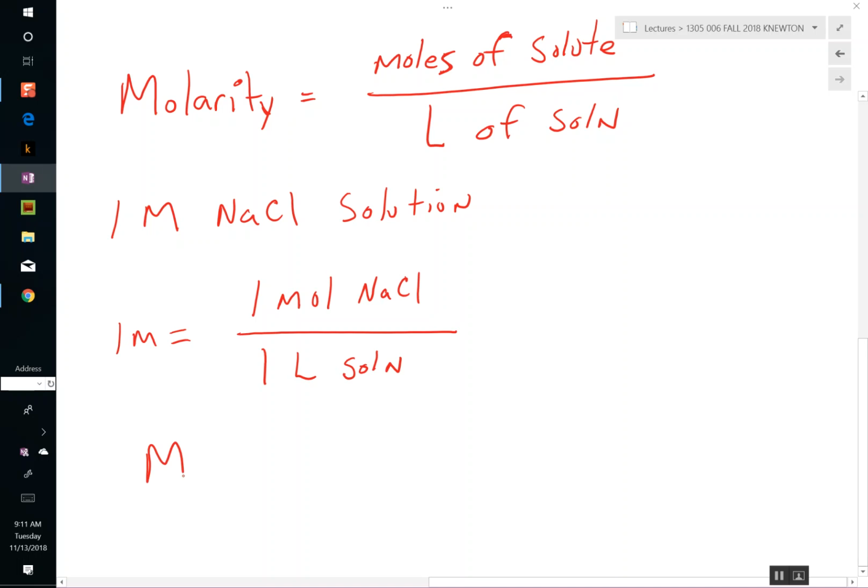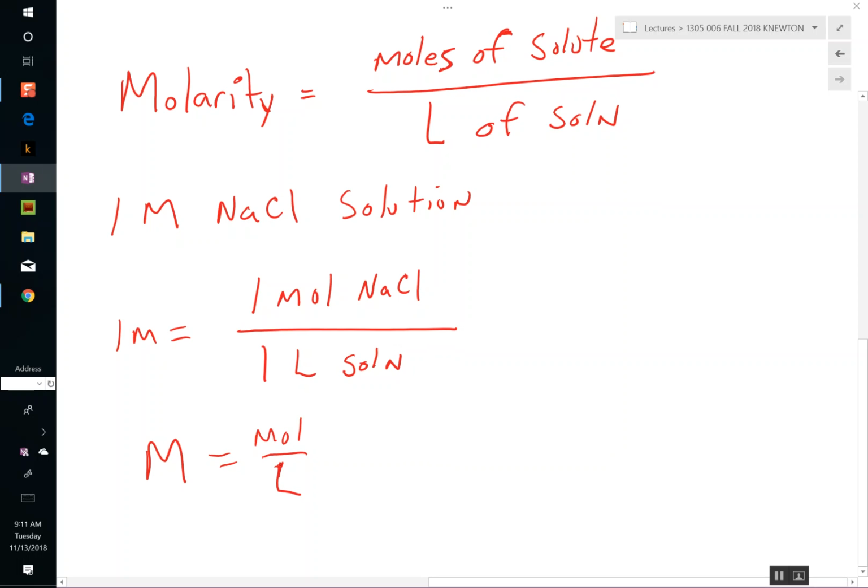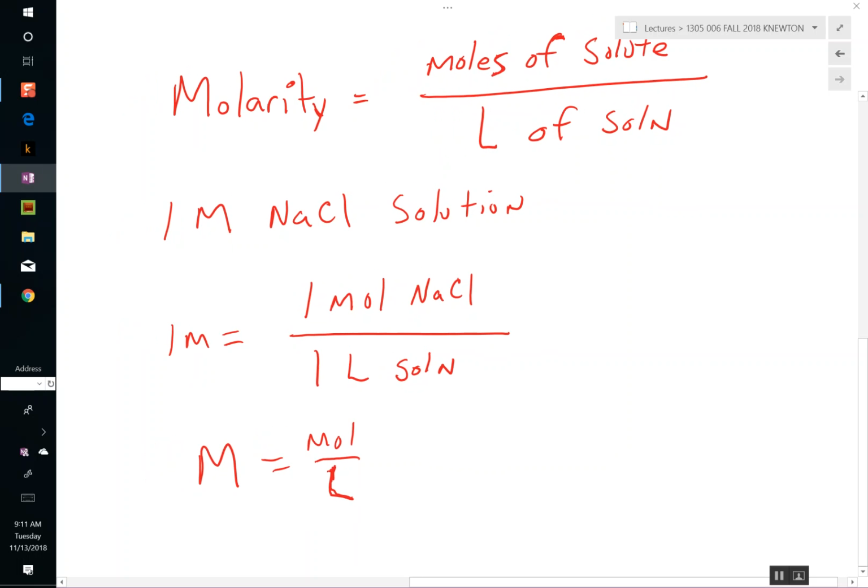So when you see this, you should think moles per liter. Capital M, really the units of molarity are moles per liter. Moles of solute per liter of solution.